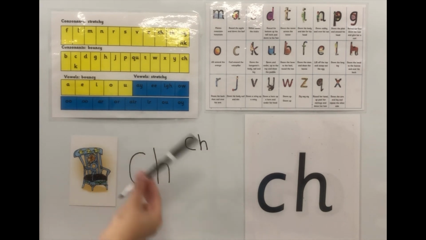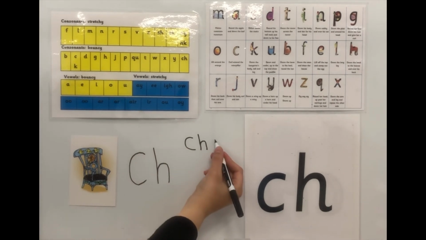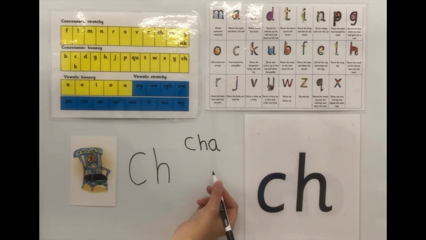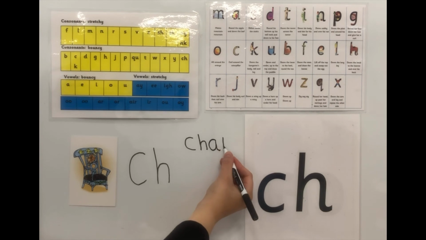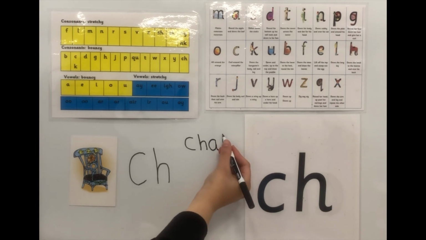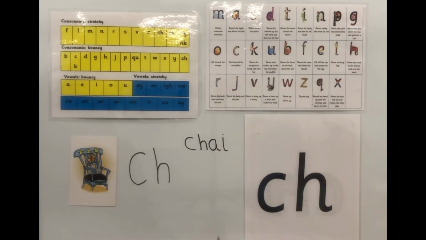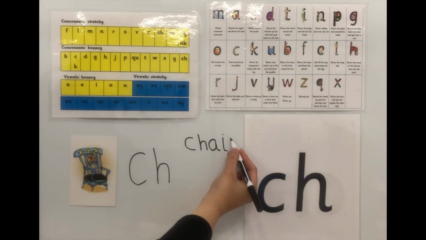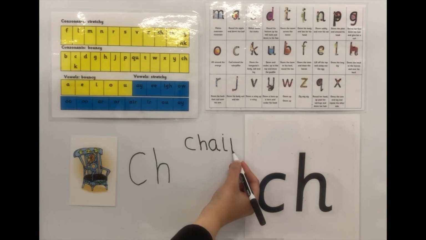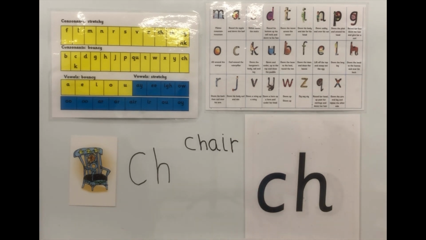Fantastic. So around the apple, down the leaf, down his body and a dot for his head, down his back and curl over his arm.